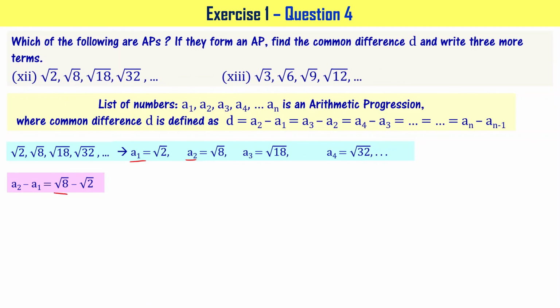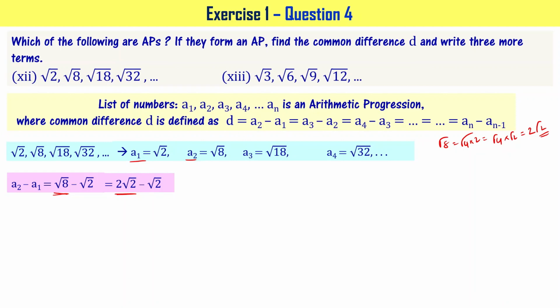How can I write root 8? I can write it as 2 root 2, right? Root 8 can be written as root 4 times 2. That can be written as root 4 times root 2. Root 4 is 2 and root 2 is root 2 only. That's why you can write root 8 as 2 root 2.